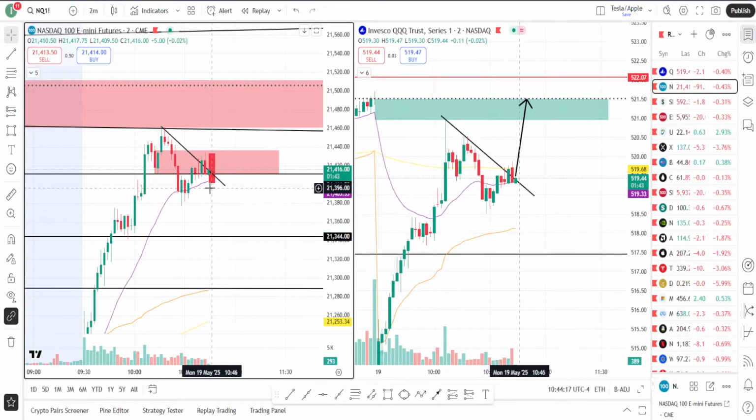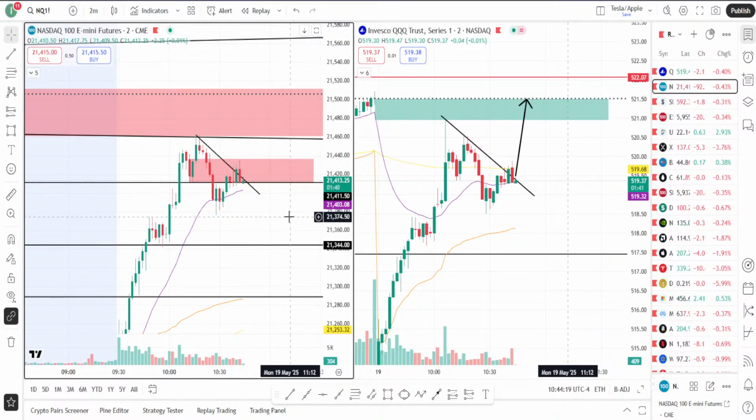Move this out the way here. Does anybody know what they're looking for? You guys know what you're looking for?